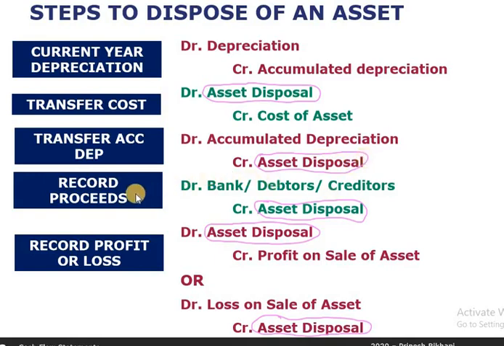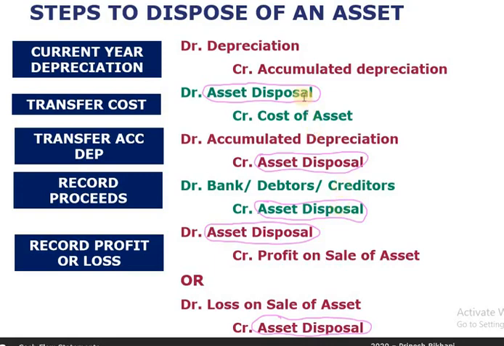Now, for the proceeds of this transaction, you can debit your bank account if it was a cash transaction, or your debtors if it was a credit transaction, or your creditors if it was a trade-in. And you credit your assets disposal account.